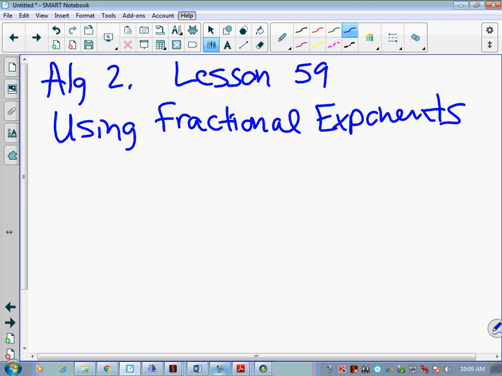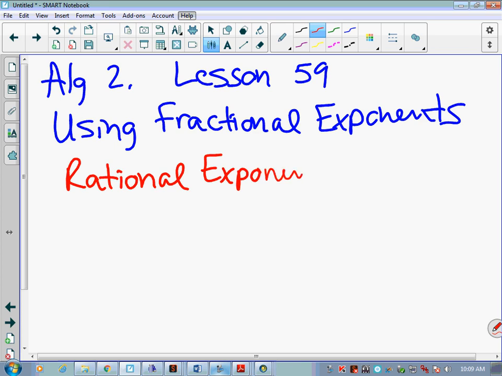The first rule that we come up with is something called the rational exponents property. You'll see that on that first box.